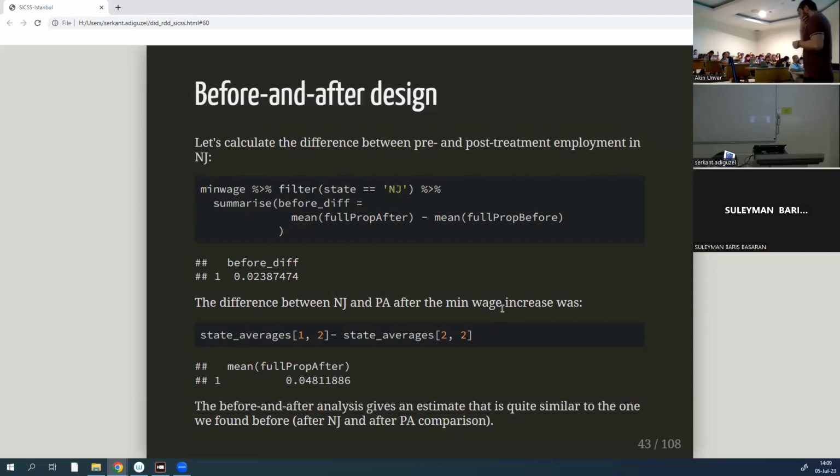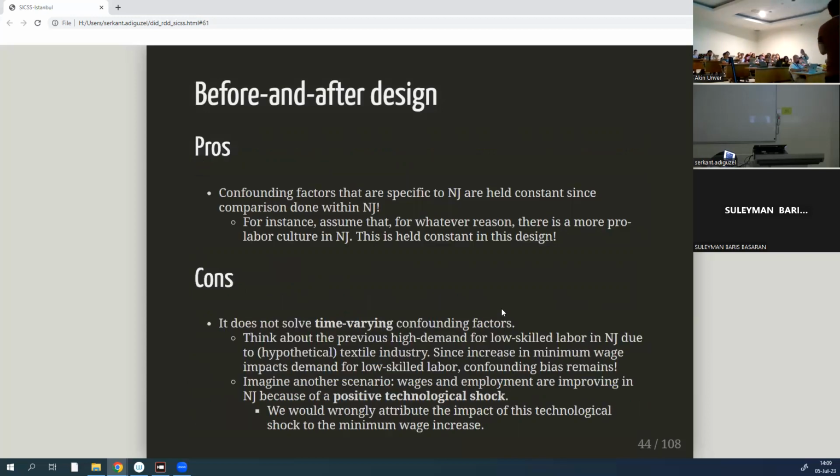It shows that after the minimum wage increase, employment in New Jersey actually increased by 2.3%. It is closer to the cross-sectional design result, but it's a little smaller.